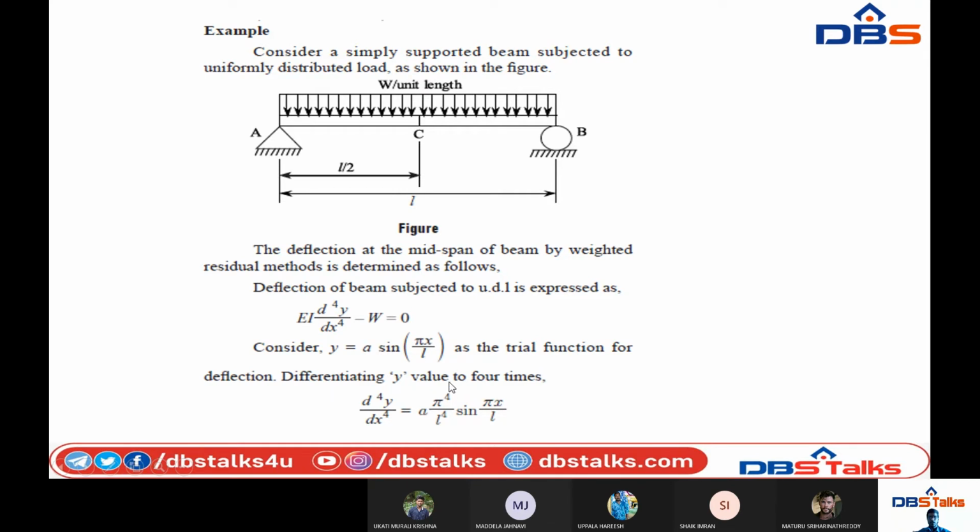Differentiating y four times, d power 4 y by dx power 4, we get a pi power 4 by L power 4 sin pi x by L. I'm differentiating the value of y four times, giving a pi power 4 by L power 4 sin pi x by L.